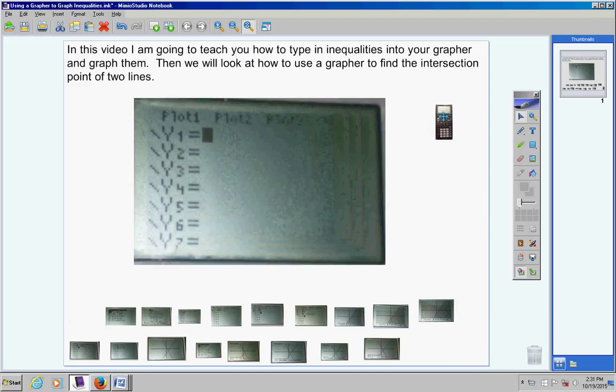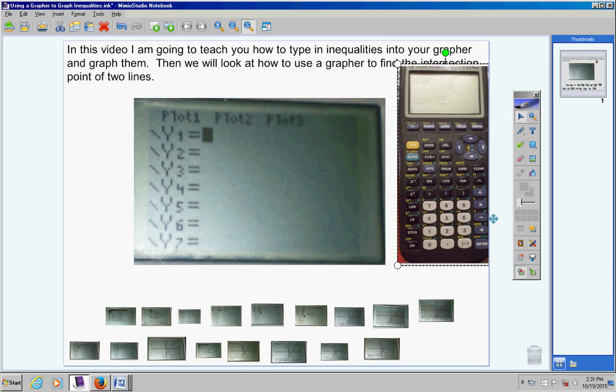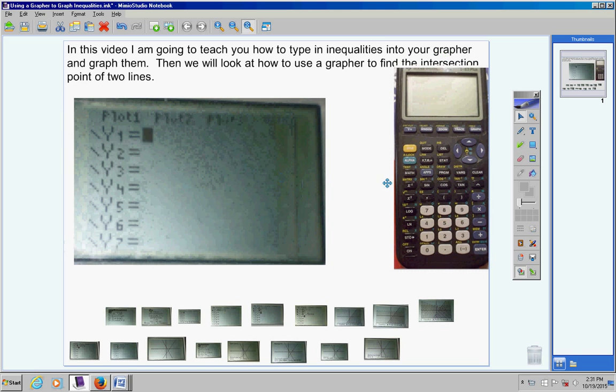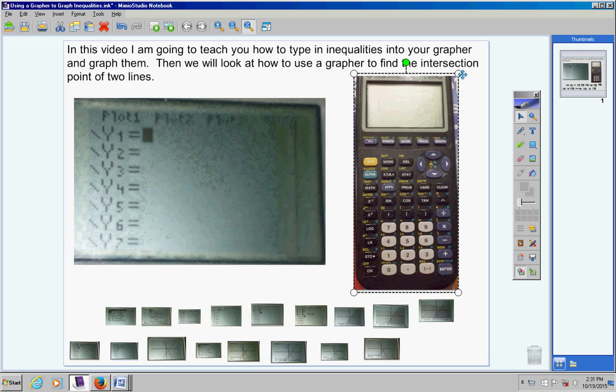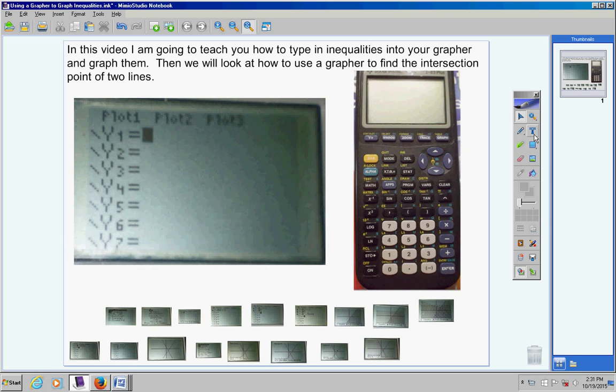Now, here's the first thing you need to do with your graphers, okay? Take your calculator and obviously turn it on. Hopefully you know how to do that. Alright, now push your Y equals button right here and make sure you delete any equations that are in these different blanks.